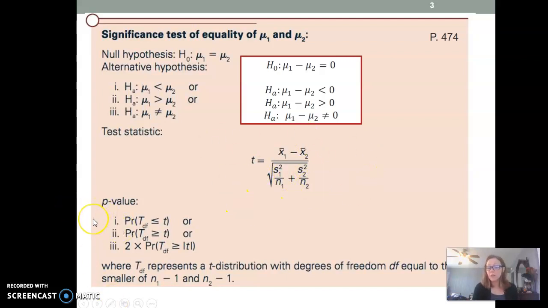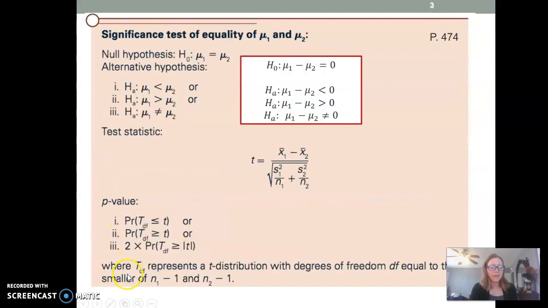And then our p-value or our probability, we're either going to be calculating the probability that the t-value is less than or equal to that t-stat, or greater than or equal to, or just not equal to. So that's the two-sided test. So we'll do twice the probability that it's greater than whatever that value is.